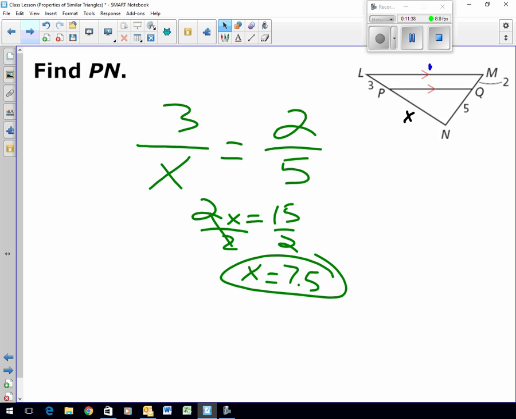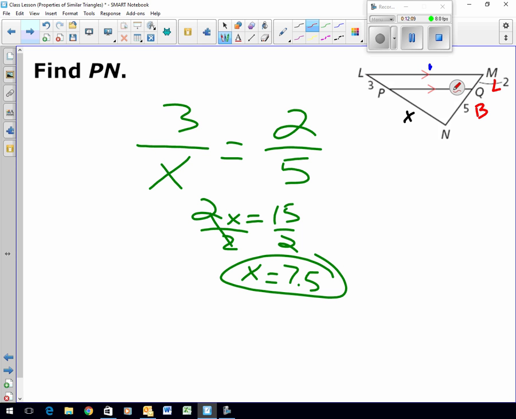Because remember our game that we played: little, middle, greatest, right? Which one of these sides is the littlest? Over here, which one's smaller, 2 or 5? 2's little, 5's bigger, right?